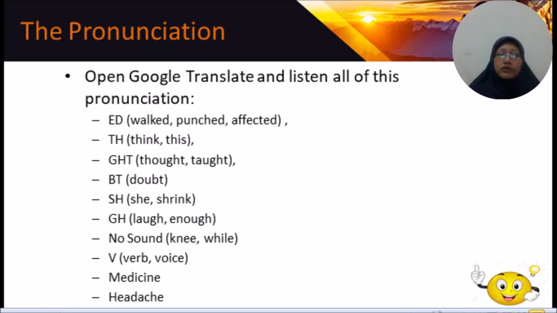Or when you try to pronounce medicine, the pronunciation is not the way it is written. If you listen to a native speaker say medicine, it means medicine, but the pronunciation is different.